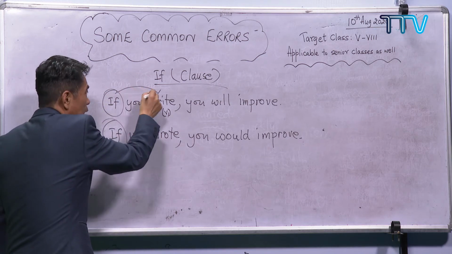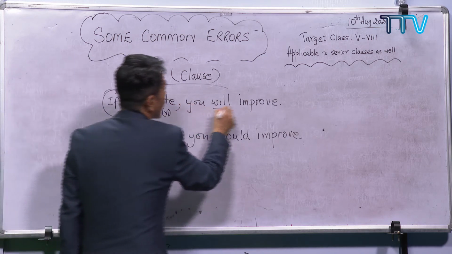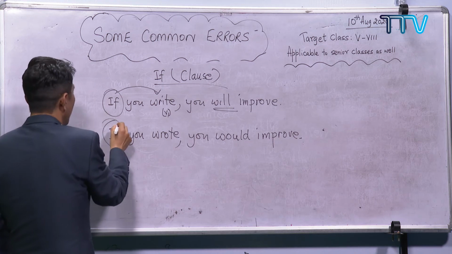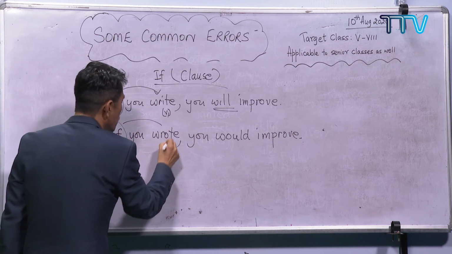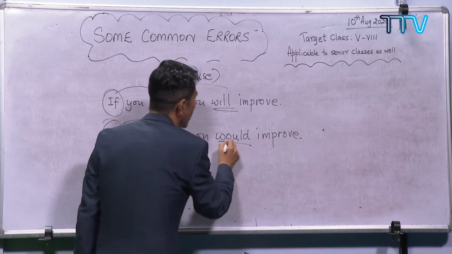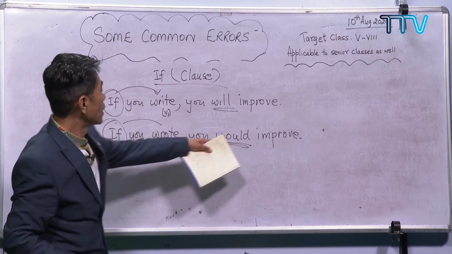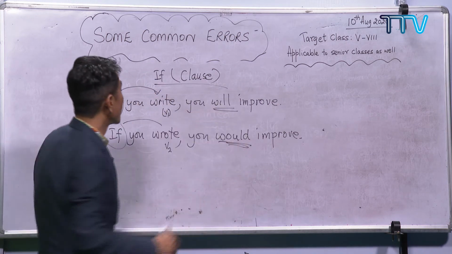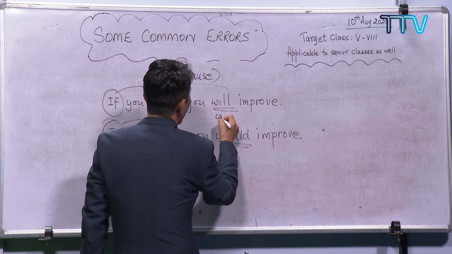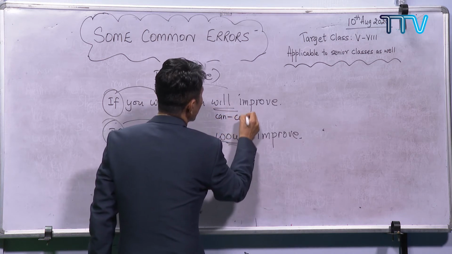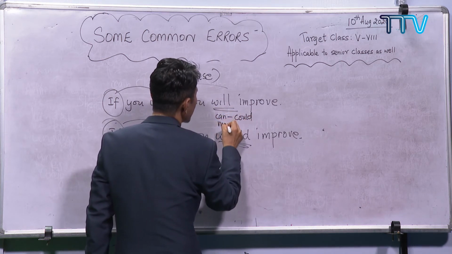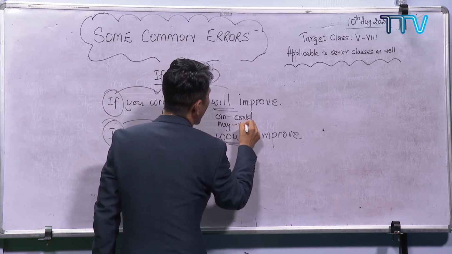So if this word is followed by verb 1, you have to write "will". And if followed by verb 2, you have to write the past tense of these future forms. "Can" can change into "could", "may" change into "might".